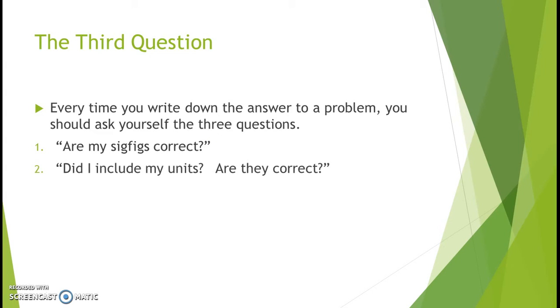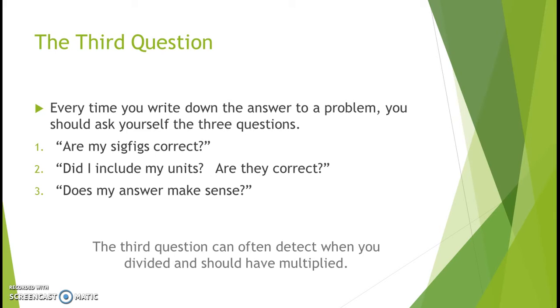We need to ask ourselves, did I include my units, and are they correct? Because numbers have no meaning without units. And the third thing we need to ask ourselves before we put an answer down is, does my answer make sense? And it's this third question that we can use to our advantage today.